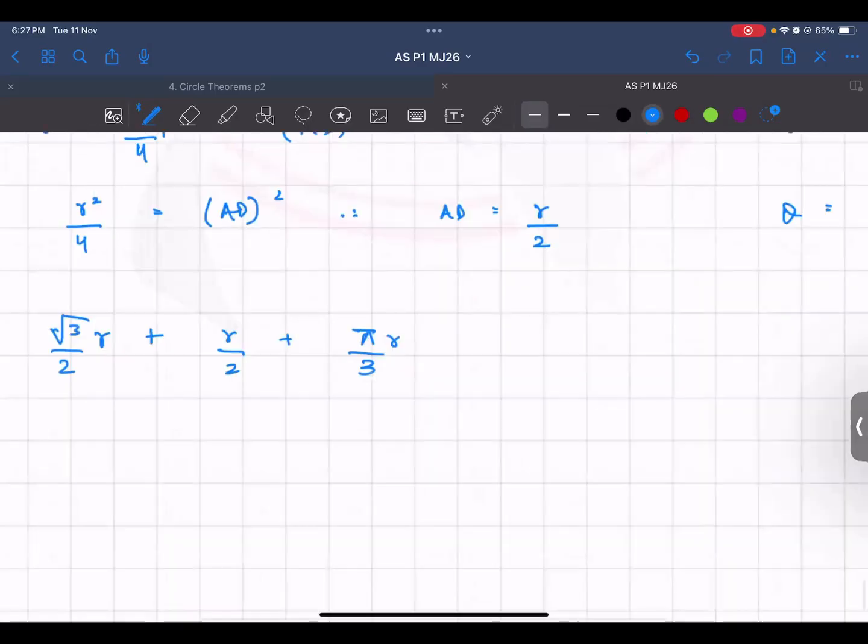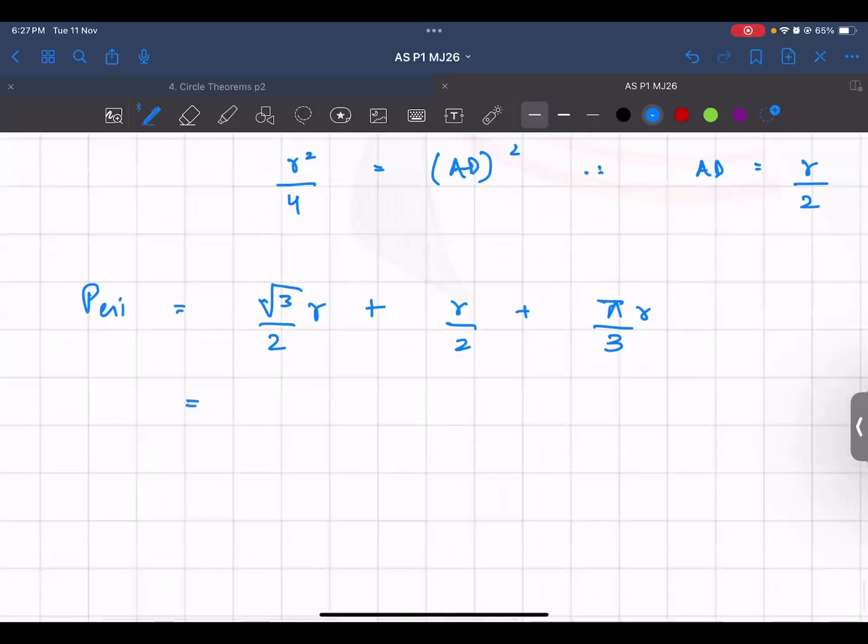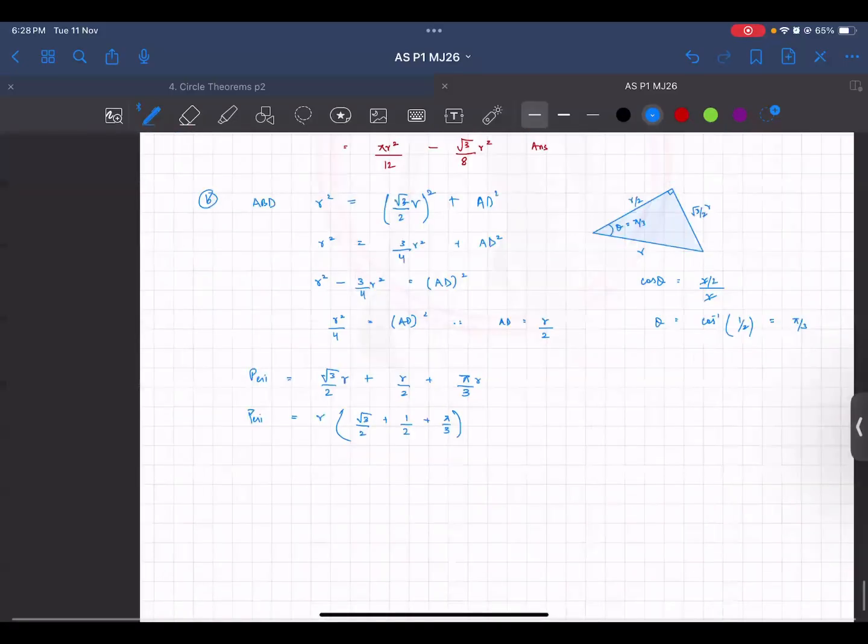If you want to take r common, this is the perimeter.